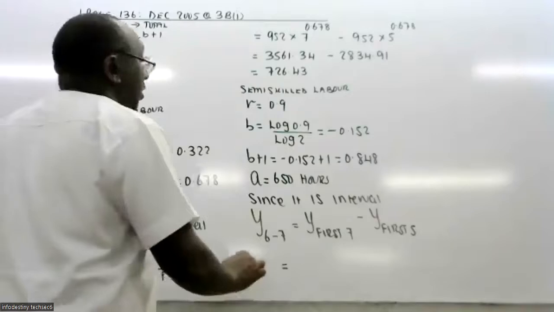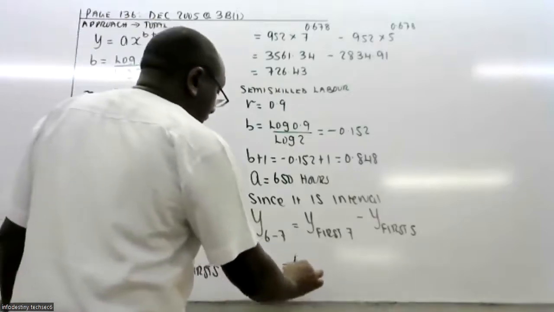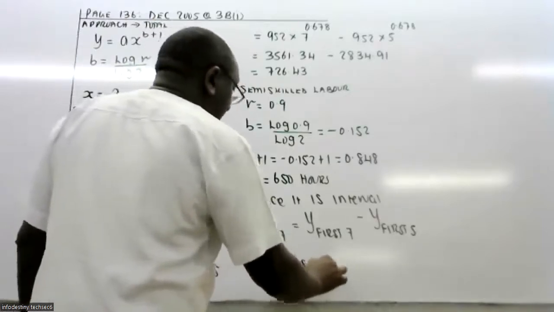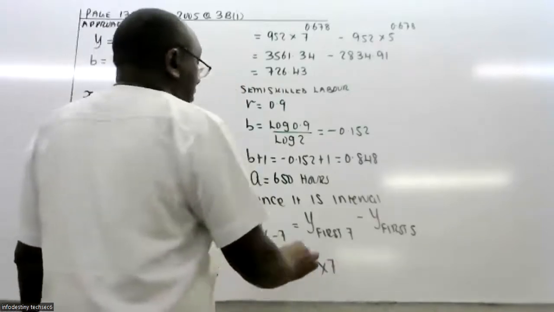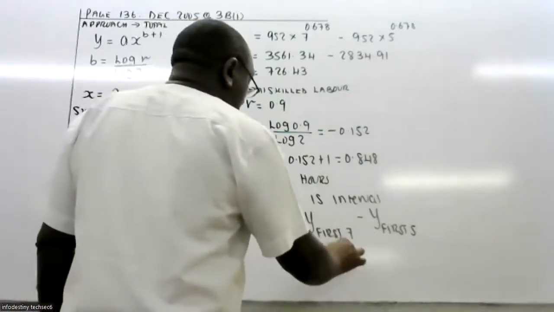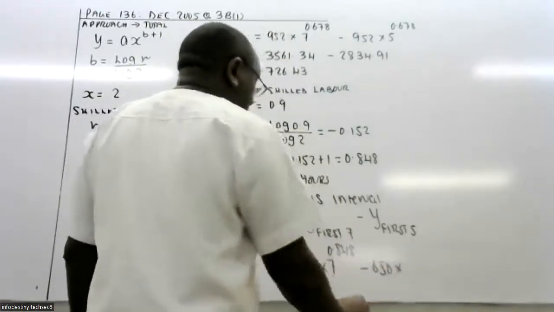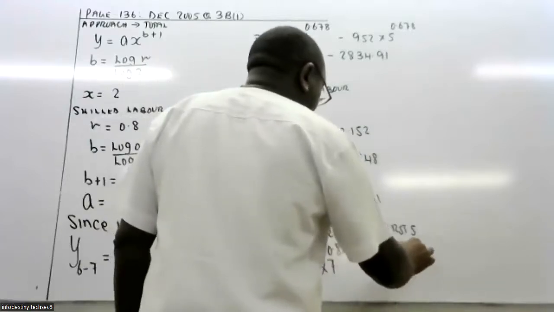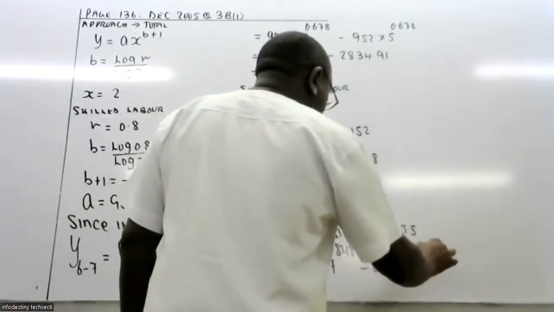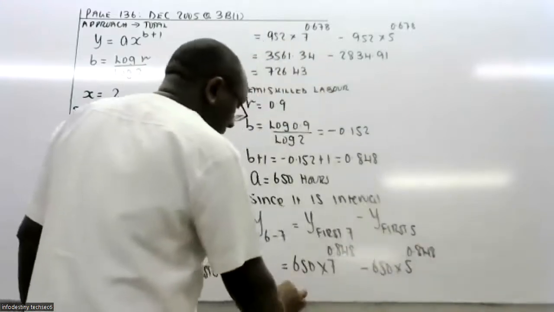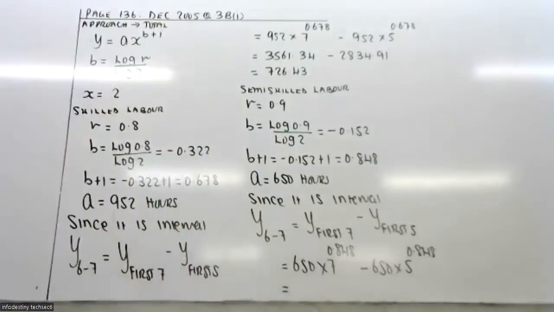This will be 650 multiplied by 7 raised to power 0.848, minus 650 multiplied by 5 raised to power 0.848.